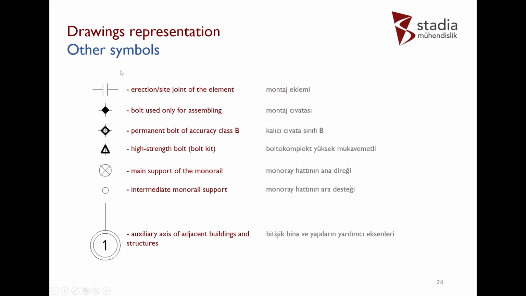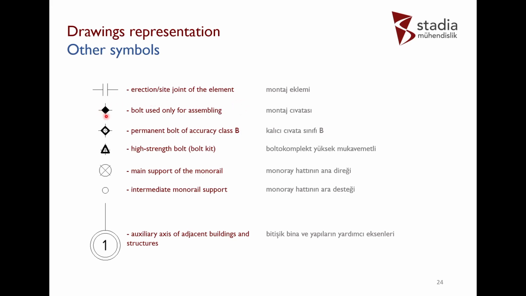And in the end, I want to discuss other symbols. For example, this symbol we use for side joint details in columns, in trusses usually, sometimes in beams. It's a very uniform symbol. This bolt is just for assembling.